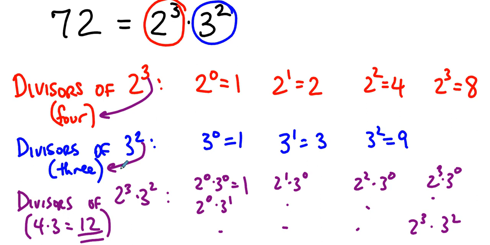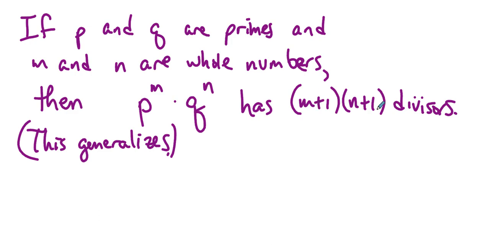So there aren't 2 divisors of 3 to the 2, there are 3 divisors of 3 to the 2. And then we just pair everybody up, all of these with all of those, and 4 times 3 is 12. P to the M, Q to the N has M plus 1 times N plus 1 divisors.